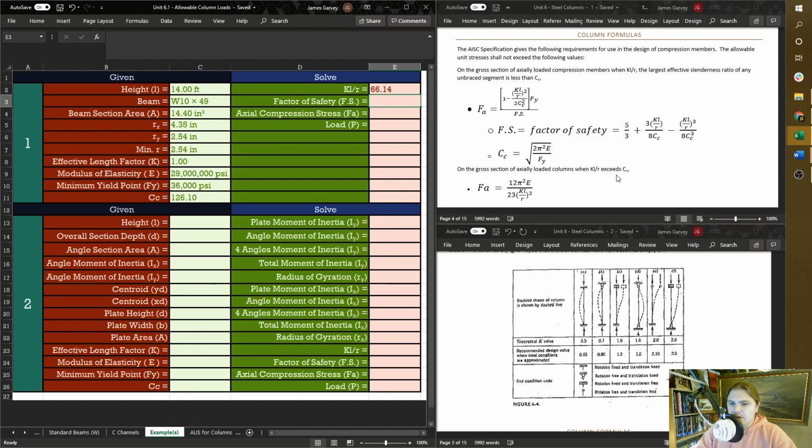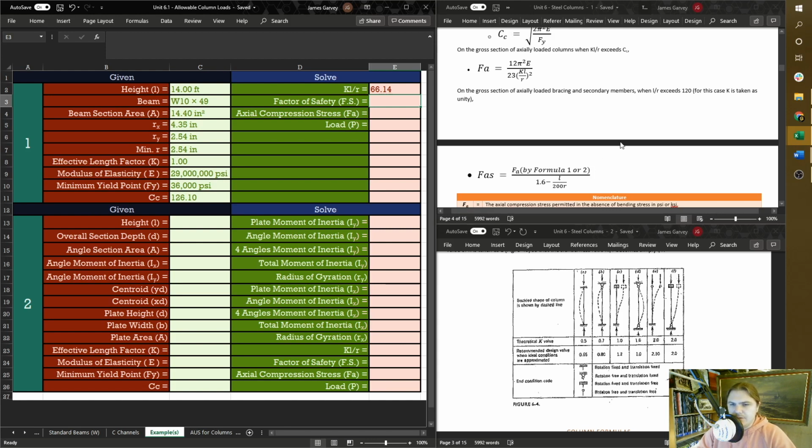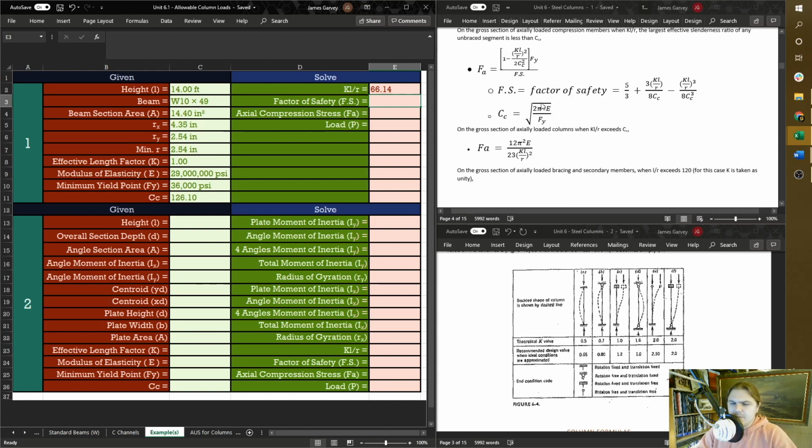Like KL/r exceeds Cc, or KL/r is less than Cc, use this equation, and so on and so forth. So we'll mostly be focused on this one here, but know that there are some instances where you might need to use a different equation depending on your situation.